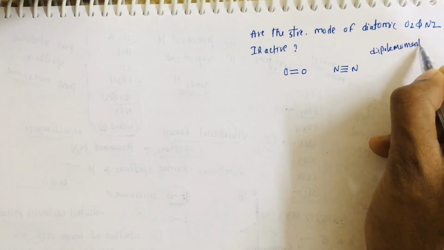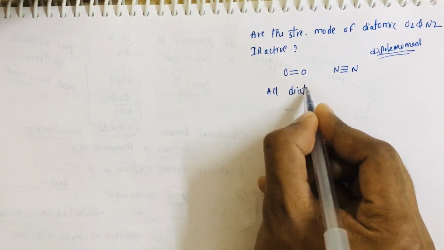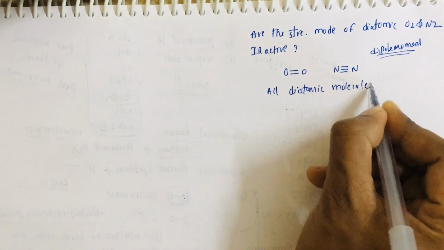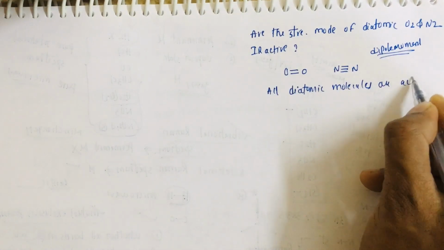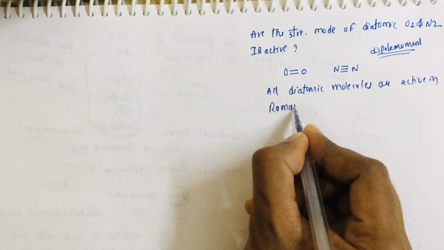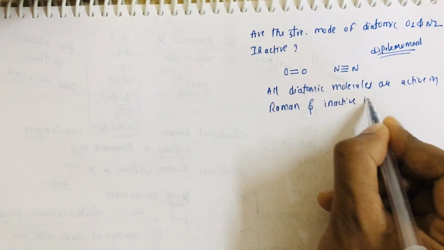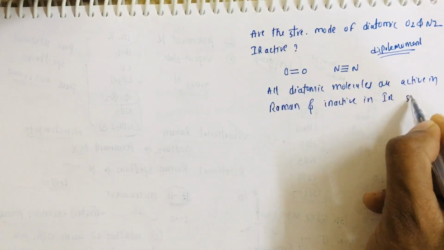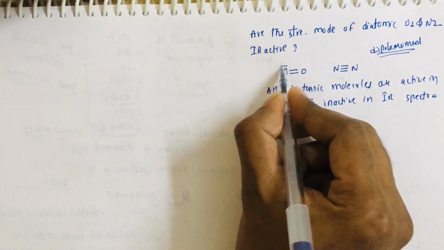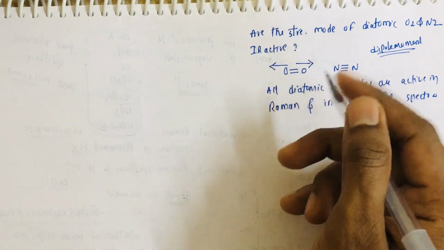So one general point to remember here: all diatomic molecules are active in Raman spectra and inactive in IR spectra. This is because, as we know, by stretching this bond, this oxygen this way and this oxygen this way, we can create some change in the polarizability.